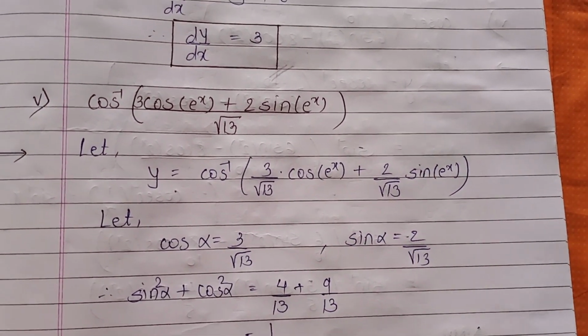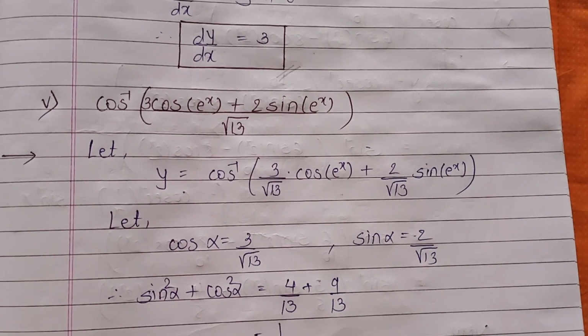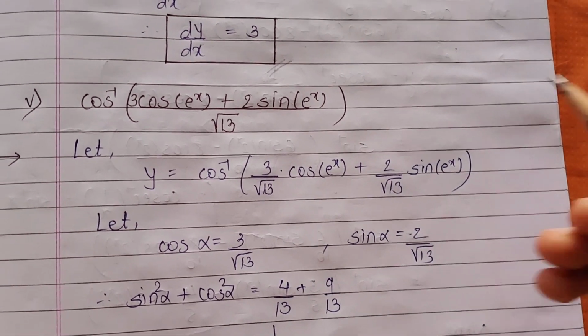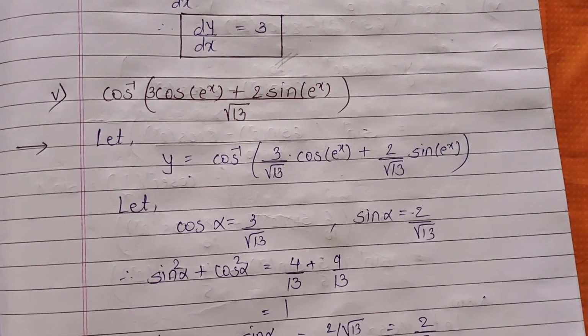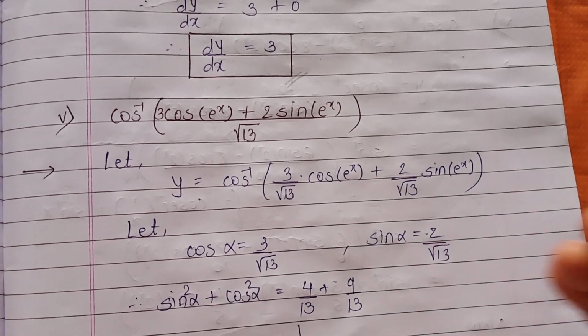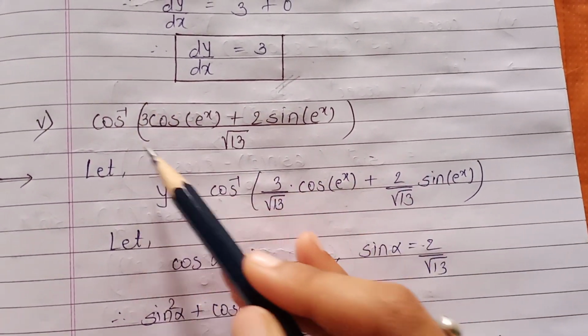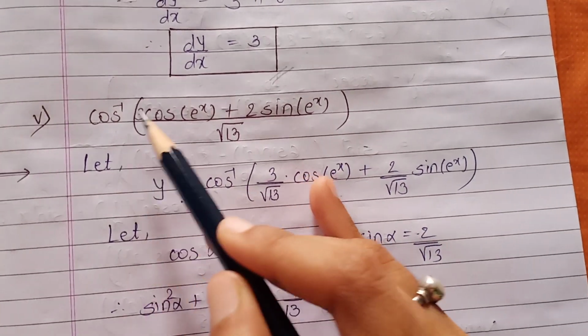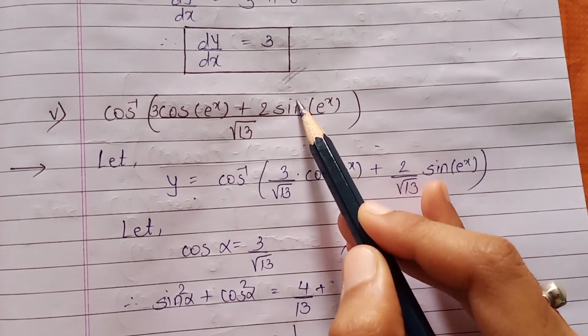Now the next question is cos inverse of... I think you can solve this, it is a similar kind of problem with cos inverse terms only. So you need to arrange cos inside. Now as you can see, it should be a cos combination and a sin combination.